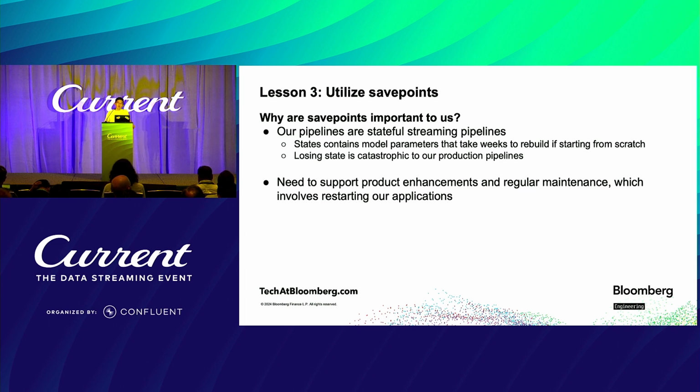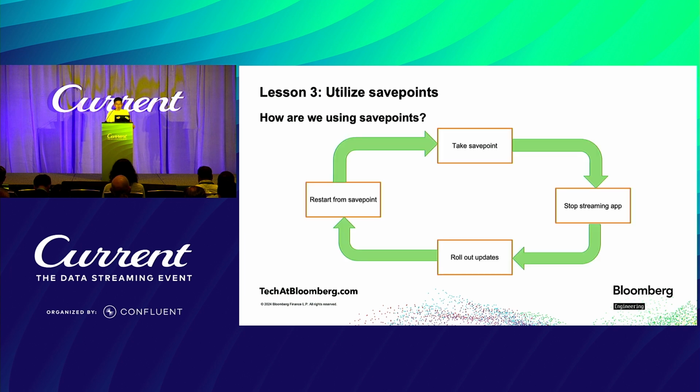However, in the meantime, we also need to support regular product enhancement as well as regular maintenance to our applications as well as the machines, which often involves restarting of our applications. Right? So whenever we need to restart our application but not losing any progress, this is the process that we take.